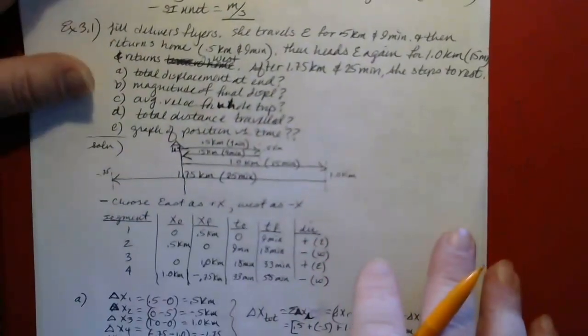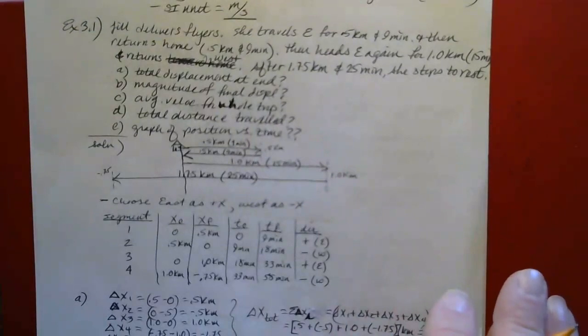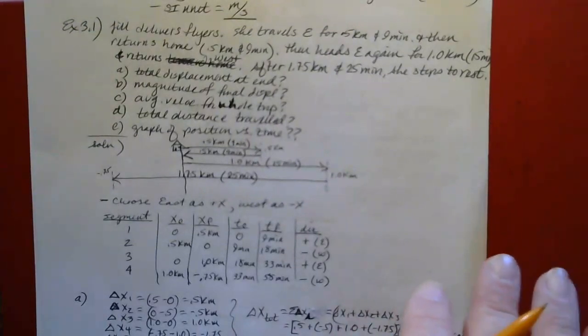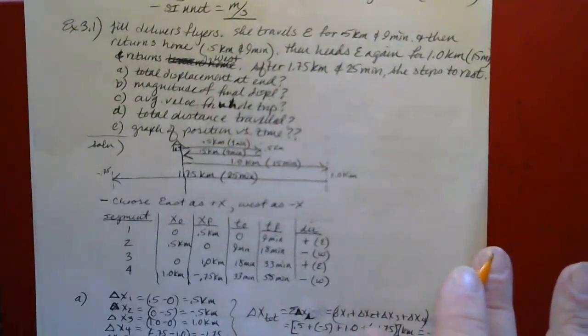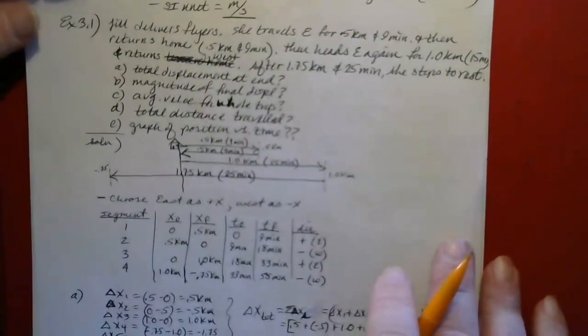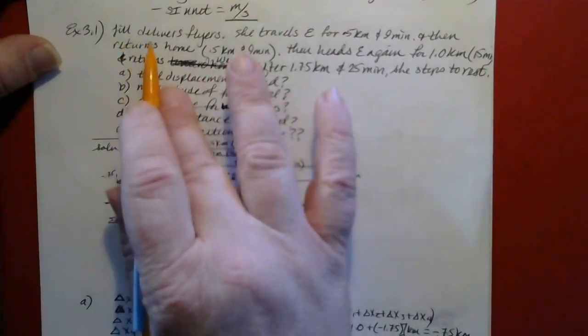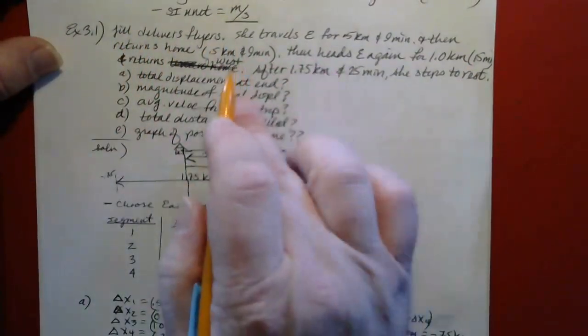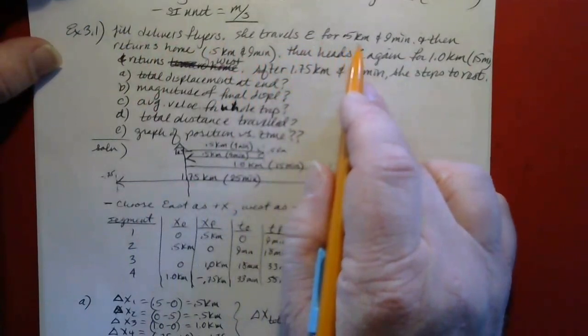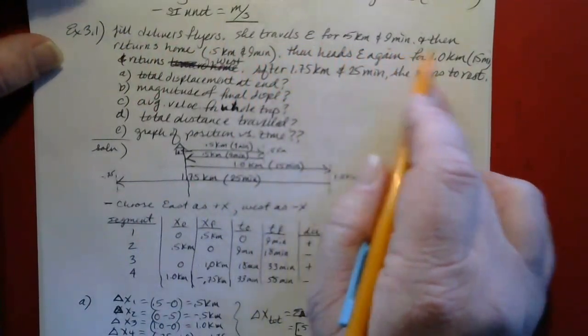An example of using all of these individual segments of a journey to find the displacement for each segment and the displacement overall would be example 3.1. I'm going to simplify it a little by just saying Jill is delivering flyers. She traveled east for 0.5 kilometers, and that takes 9 minutes.